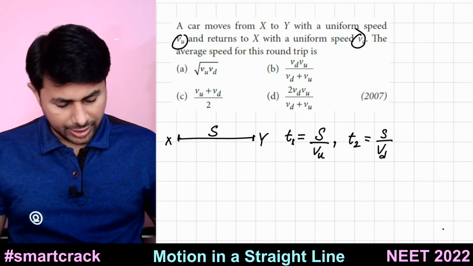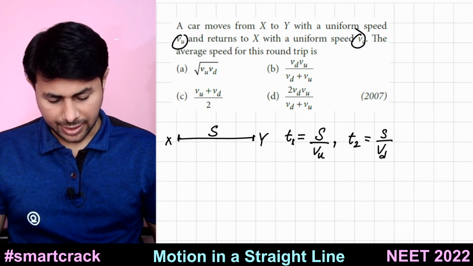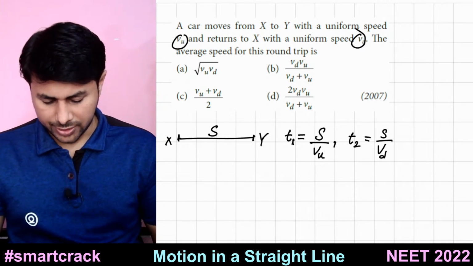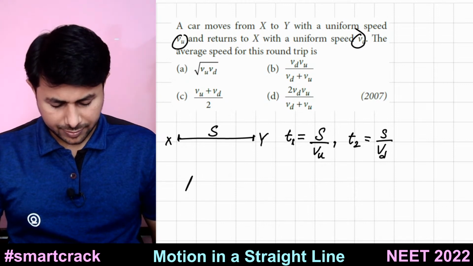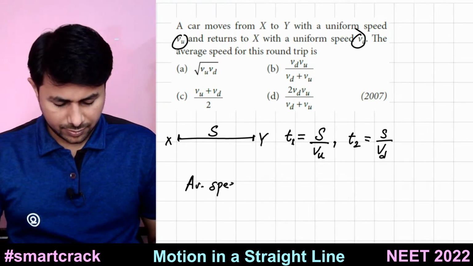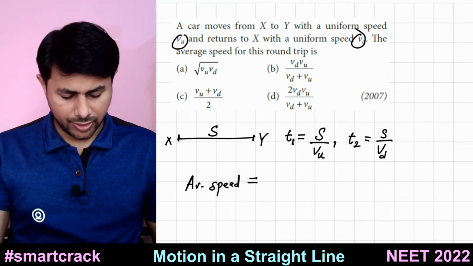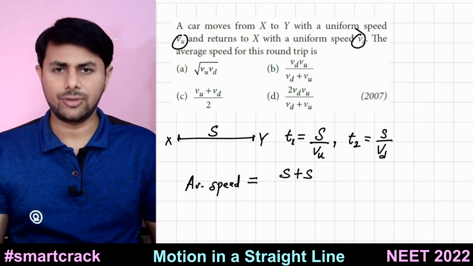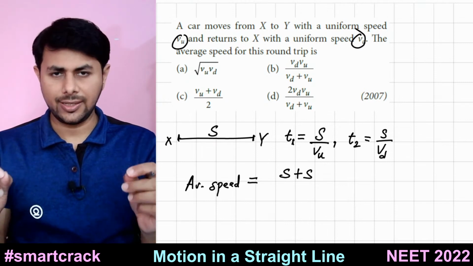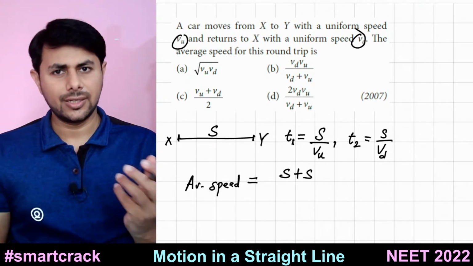And now how can we find out the average speed for this round trip? So average speed, we know it is total distance covered divided by total time taken. So what is the total distance covered? It goes from x to y, that is s. From y to x, it is another s.